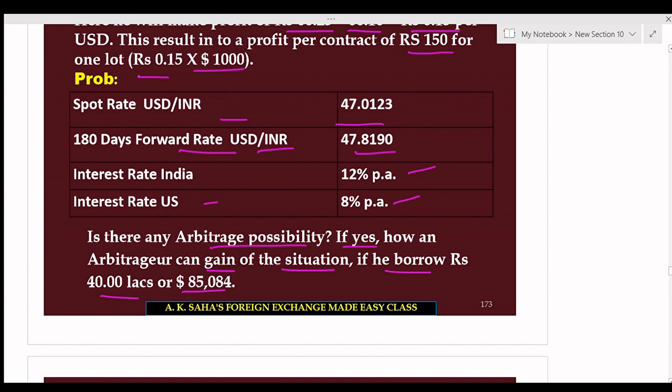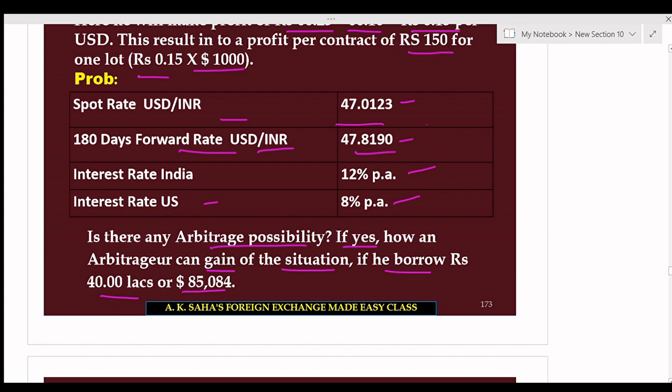Now find out the forward premium rate, that is, 47.8190 minus 47.0123, divided by 47.0123, multiplied with 100 into 12 by 6, because it is a 6 month forward.